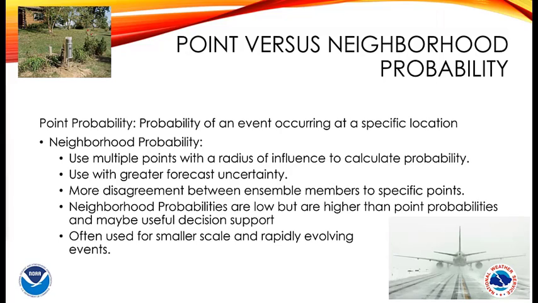We'll see, like in QPF, maybe a snowfall, there's more disagreement between ensemble models at a specific point, and it will be used in the ensemble approach. The neighborhood probabilities are low but are higher than point probabilities, and may be useful for decision support, and often used for smaller scale and rapidly evolving events.